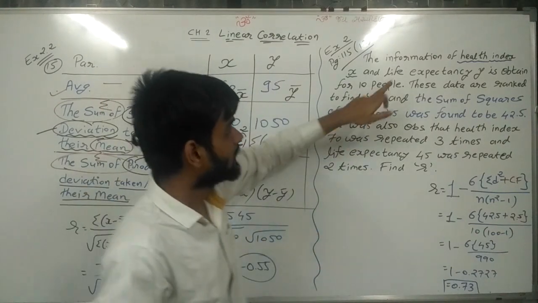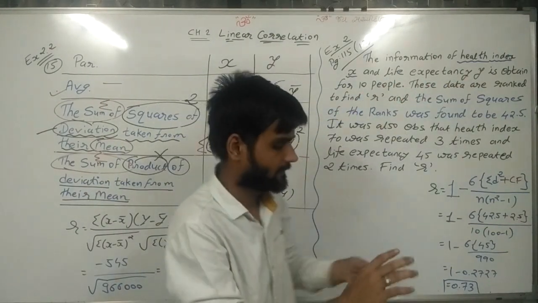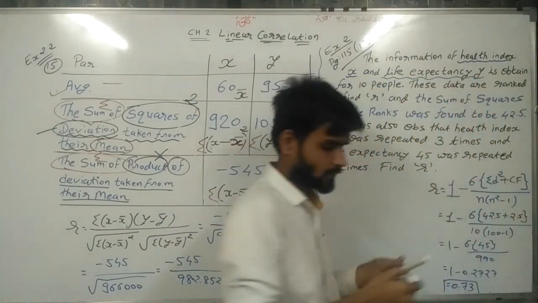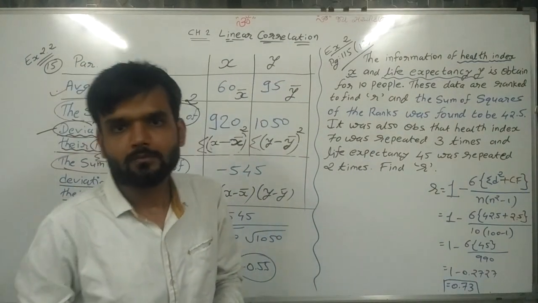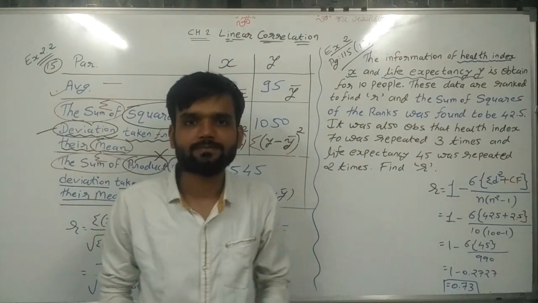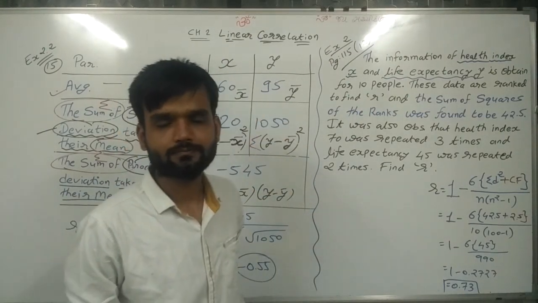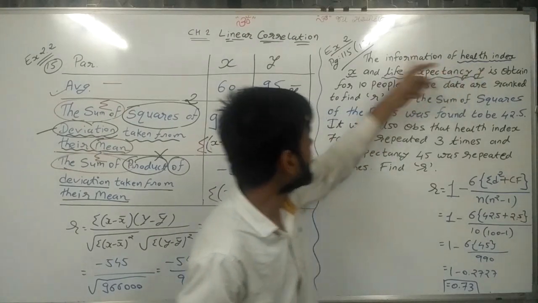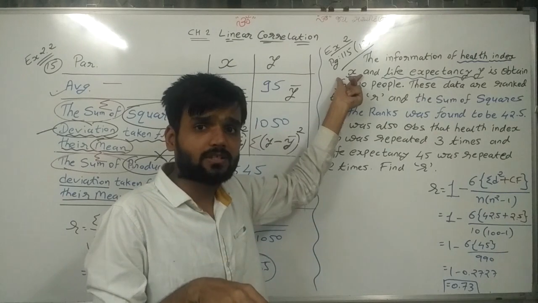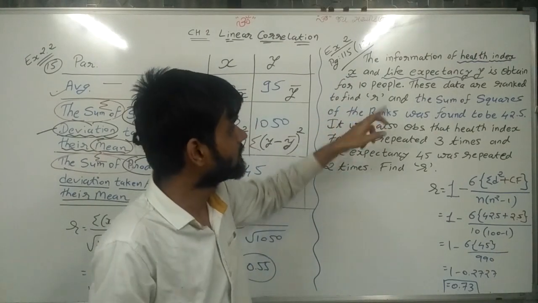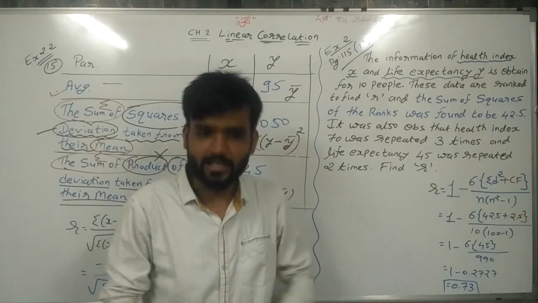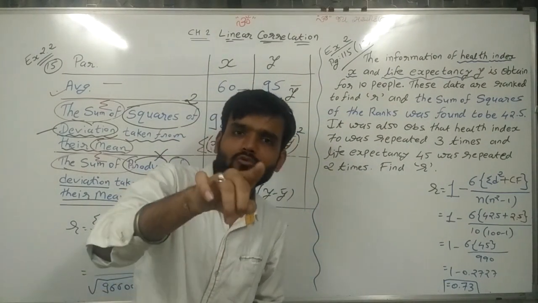Then life expectancy Y, the life of persons. So two things are given. First thing is what? Health index X given. And second, life expectancy Y given. And the relation between the two we need to find.